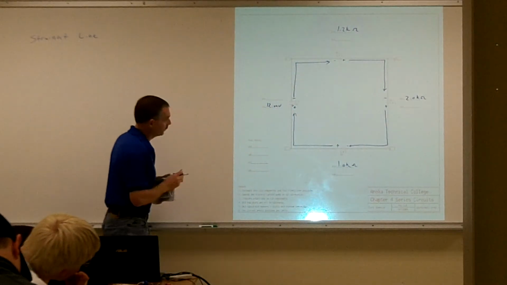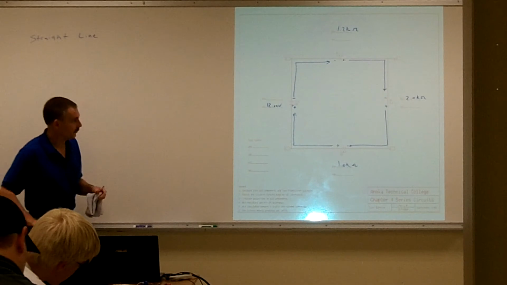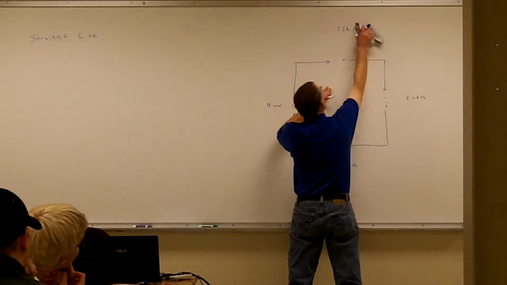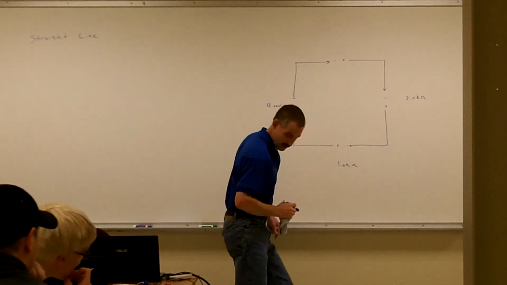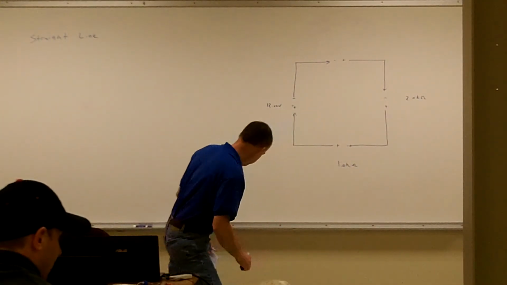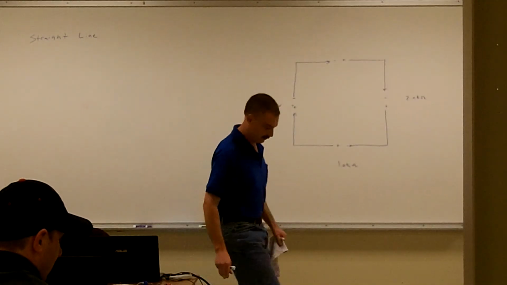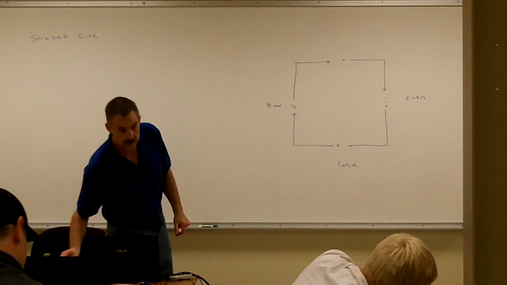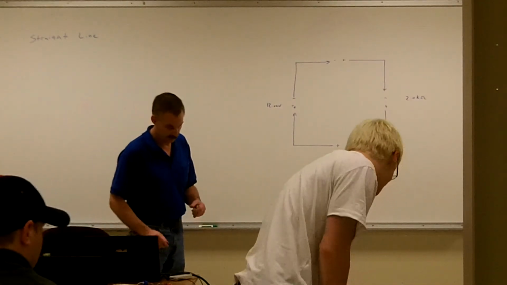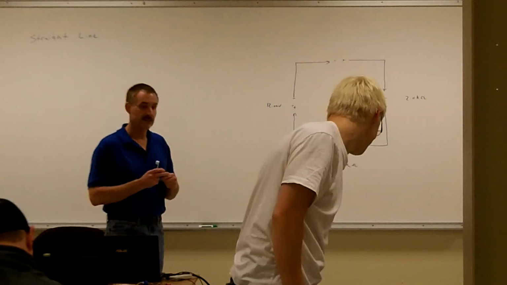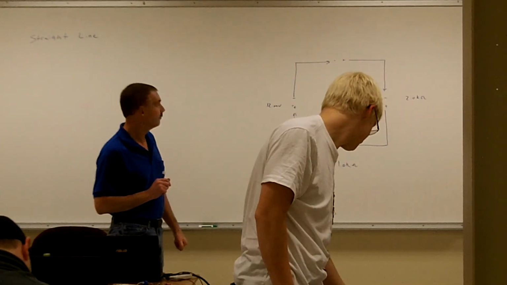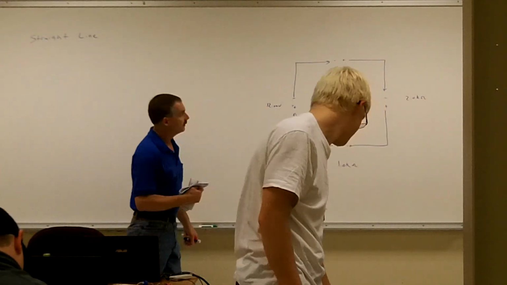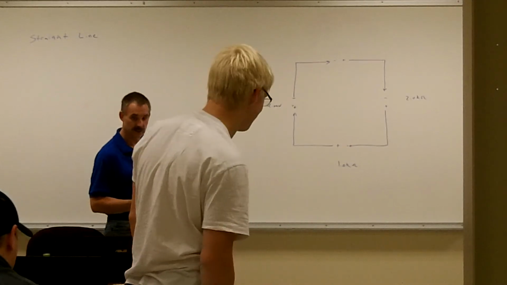All right, so what we're going to do on this one here, we're going to straight line it. Oops, I screwed up again. R1 is just 1 kilo ohm. All right, let's see what we've done.